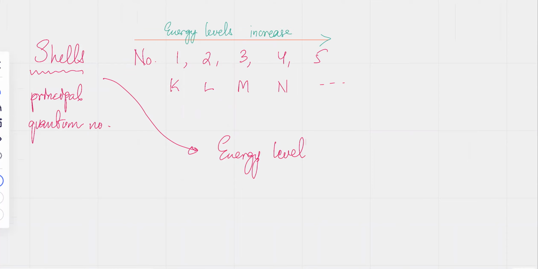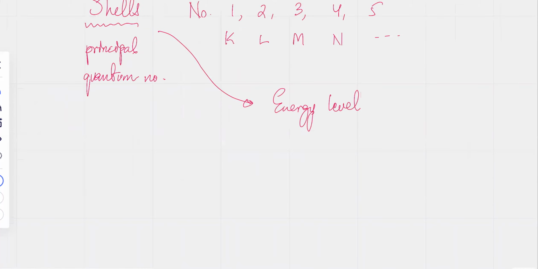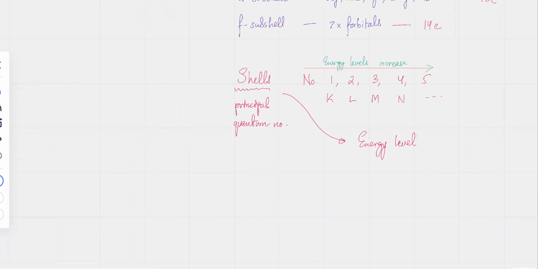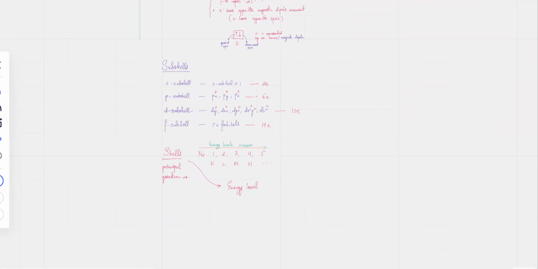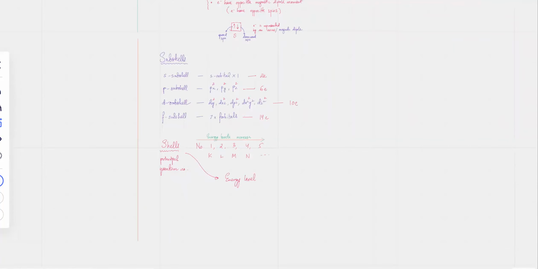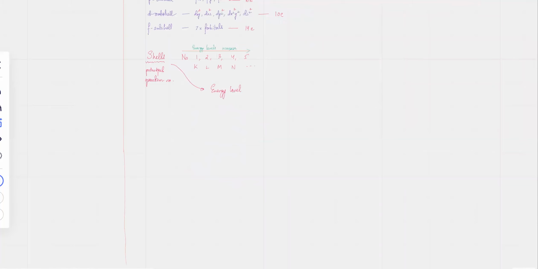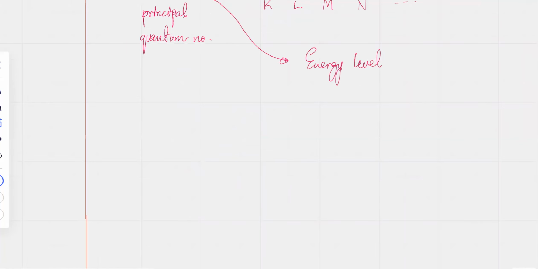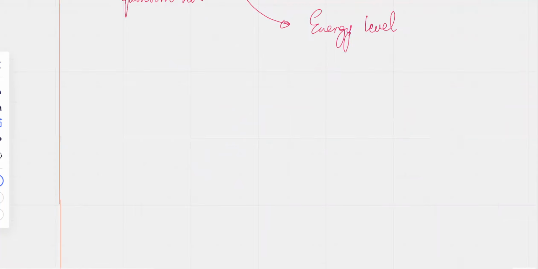So our energy levels continue to increase as shell numbers increase. Every electron is going to have a specific shell number depending on the energy of the electron. Here is how our orbitals are usually described.